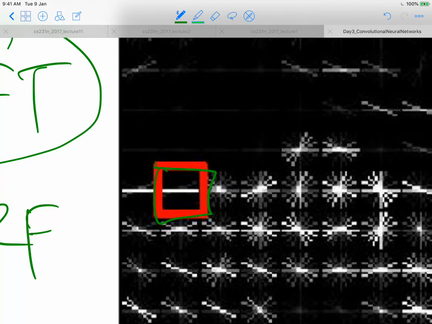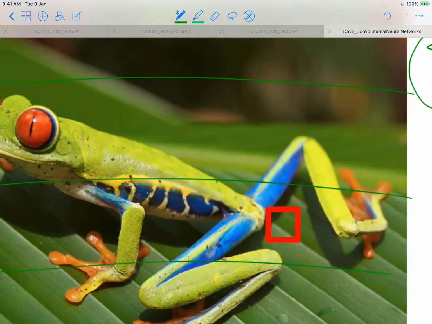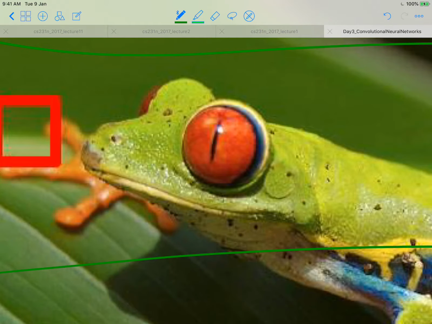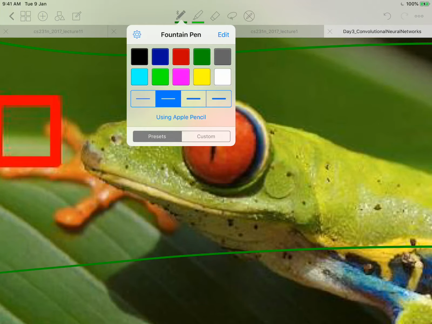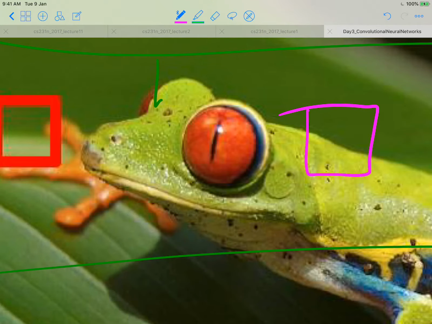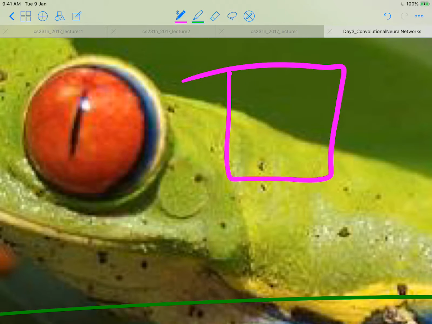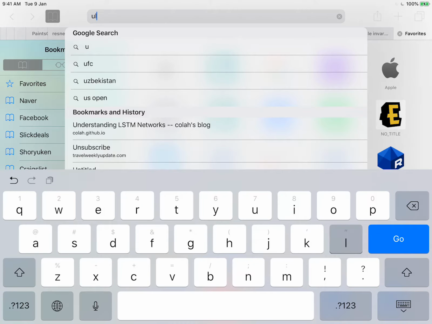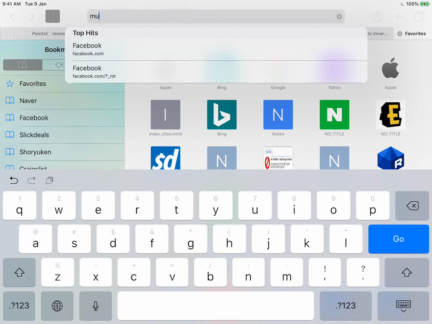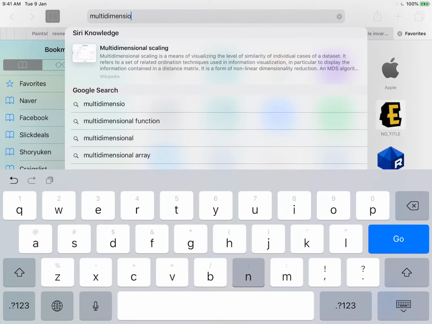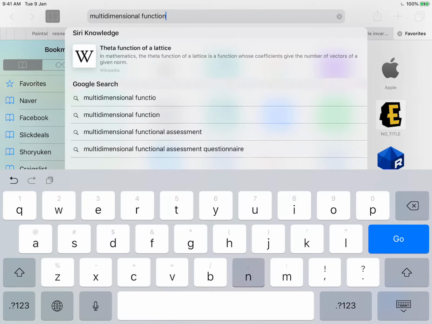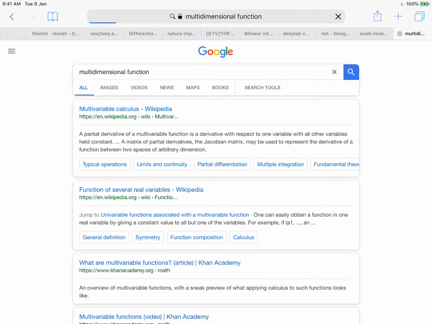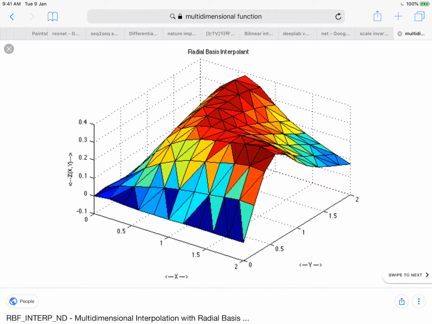Did I explain this? Did I not? Okay, if I explained it, tell me. So suppose we are considering the patch over here. Then we can imagine the pixel values as the z-axis, and think of it as multi-dimensional, something like this.